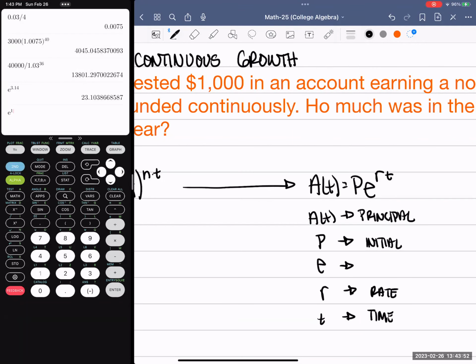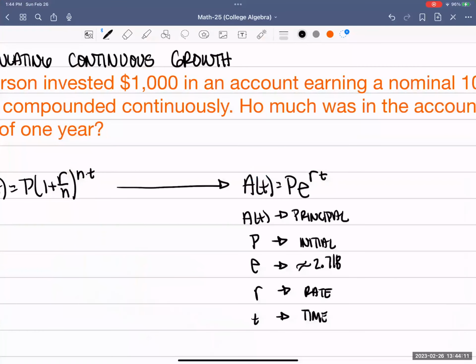This is approximately 2.71828 and so on. So it's roughly this number. Again, it's similar to pi. It's a number that has an infinite amount of digits, but we're still going to follow these steps whenever we're compounding continuously.